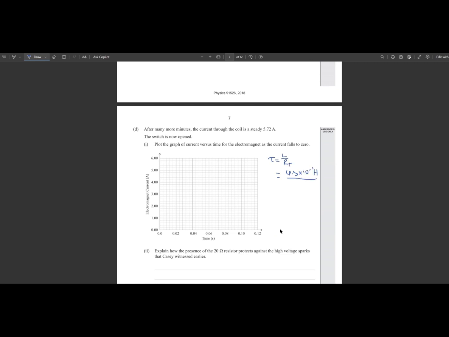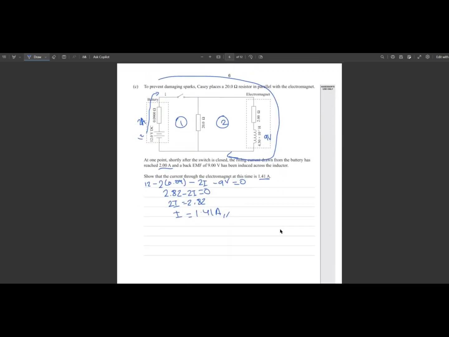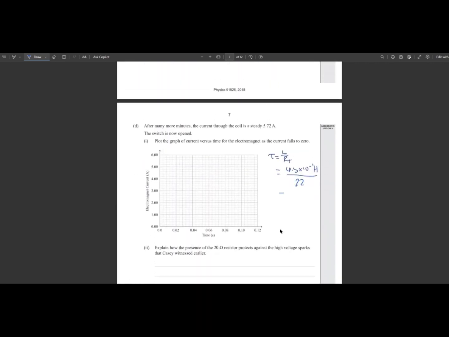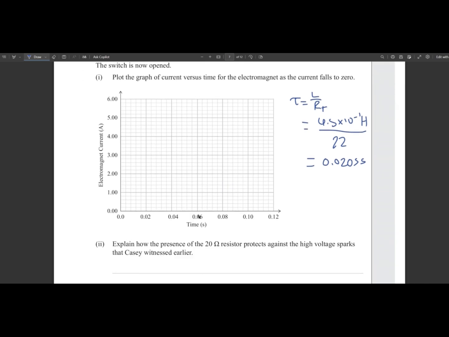And our total resistance is 20 and 2 ohms, so 22 ohms, which gives me a time constant of 0.0205 seconds, which is nearly the same as the interval here, as the current falls to 0.